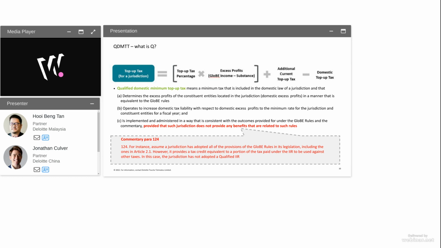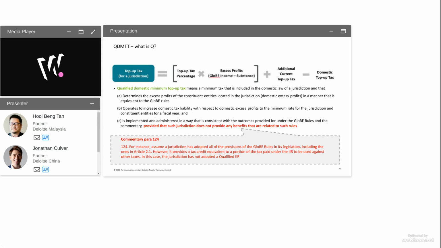And I suppose I think the concept of a domestic minimum tax is probably something that was considered as possible in the blueprint originally, or at least envisaged. But I don't think it was until the rules that we of course had this definition introduced, and of course in the past year or so it's become clear just how popular the concept of introducing a domestic minimum tax is.